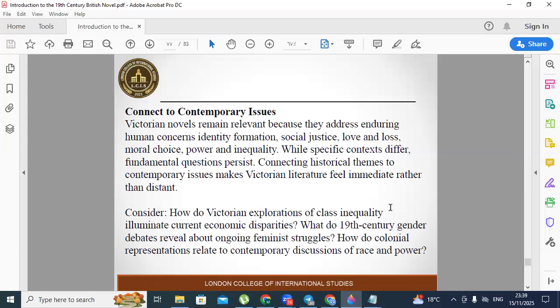Connecting historical themes to contemporary issues makes Victorian literature feel immediate rather than distant. Consider how Victorian explorations of class inequality illuminate current economic disparities. What do 19th century gender debates reveal about ongoing feminist struggles? How do colonial representations relate to contemporary discussions of race and power?